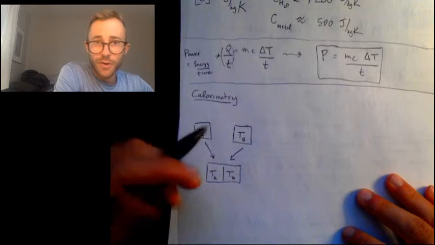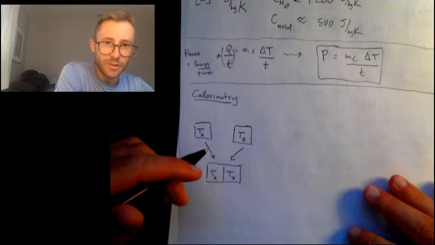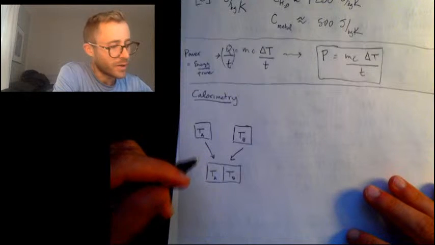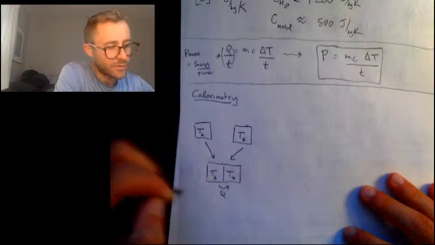Heat is going to flow between these objects. As the heat flows, one object is going to get cooler, the other one's going to get hotter. The heat flows from hot to cold, so we'll just assume that TA is greater than TB.